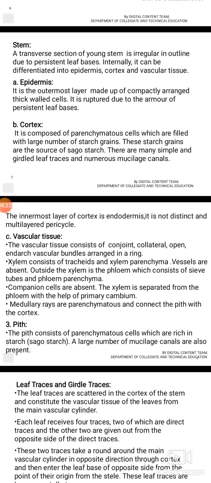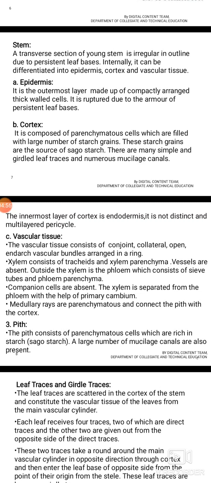Coming to the vascular bundles. Vascular tissue consists of conjoint, collateral, open, endarch vascular bundles arranged in a ring. Xylem consists of tracheids and xylem parenchyma. Vessels are absent.